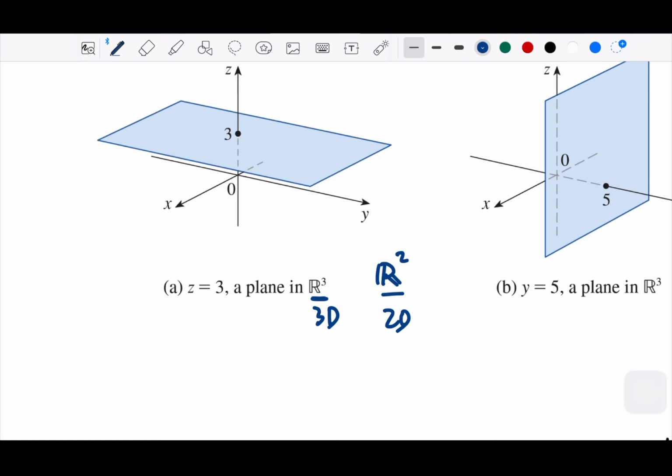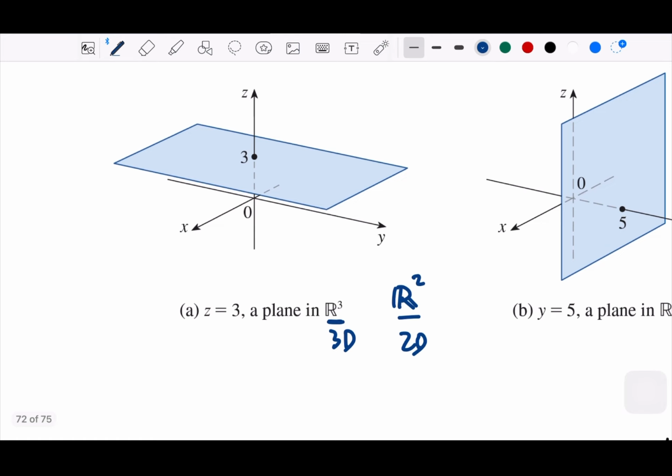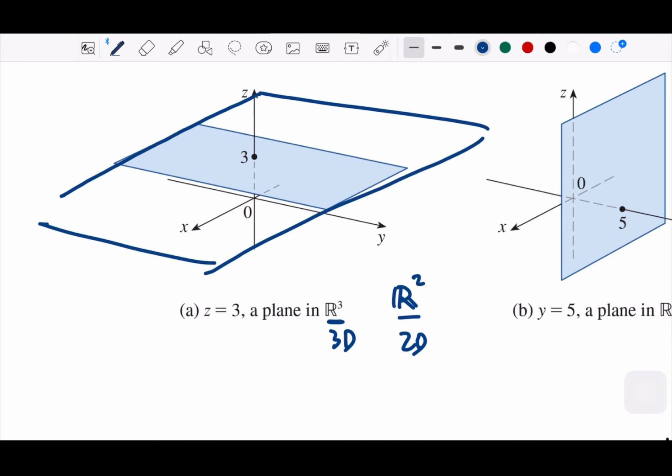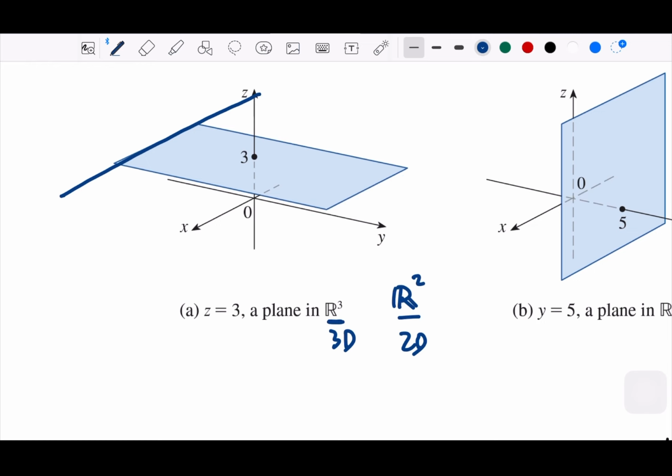So in 3 dimensions, if you have an equation like z equal 3, it will cut the space at z equal 3. It's actually a really large plane that cuts over z equal 3. For x and y, they are not limited.